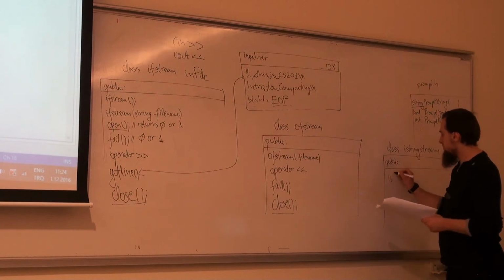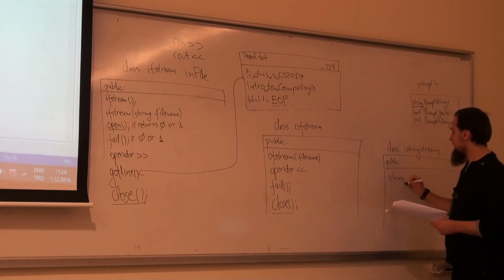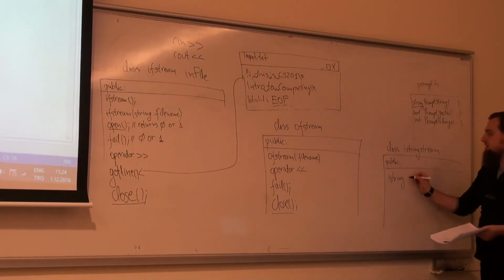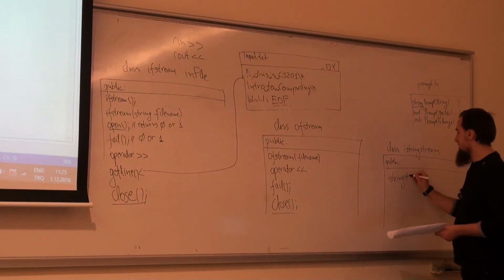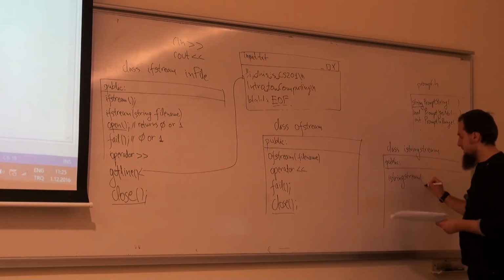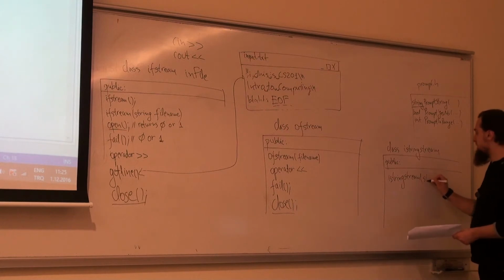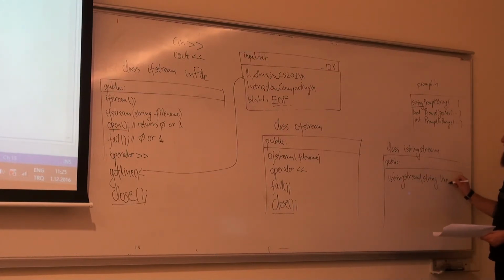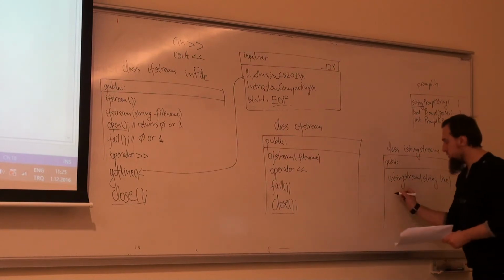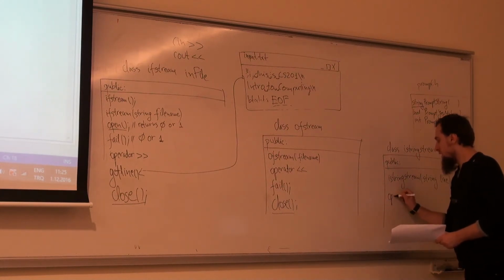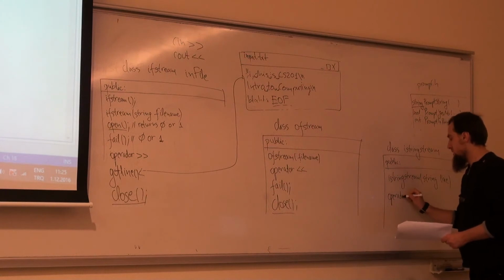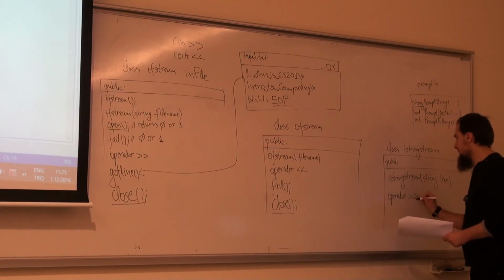So, the constructor is the following: istringstream, not ifstream, but istringstream. You take a string as a parameter. Let us call it line. And you have here operator, output stream, input stream.